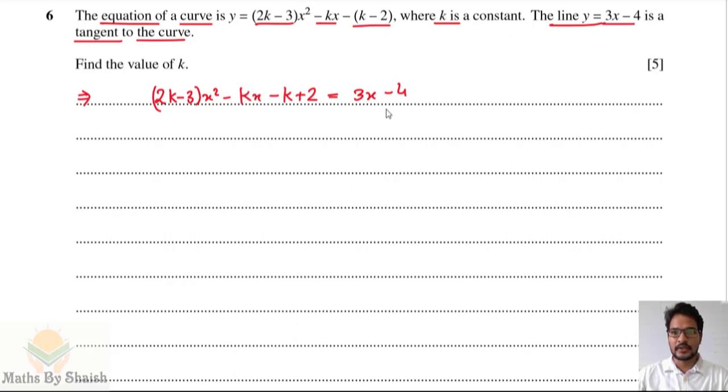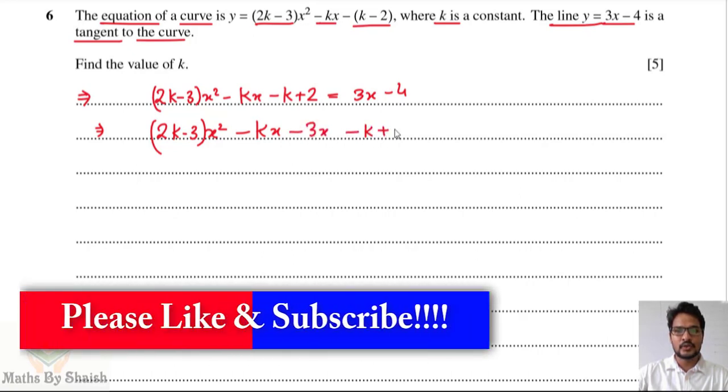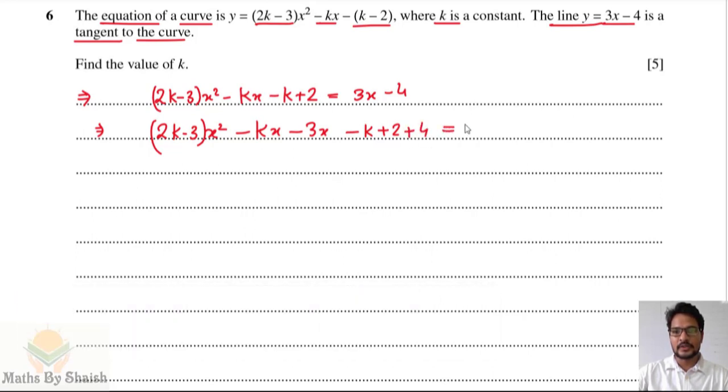So once we equate them, now we can see it's a quadratic, so we need to make it the standard form of the quadratic equation. So it is (2k minus 3)x square, because there is only one x square term here, and then minus kx, this 3x will come here, it is minus 3x, minus k plus 2, and this becomes plus 4 equals 0.